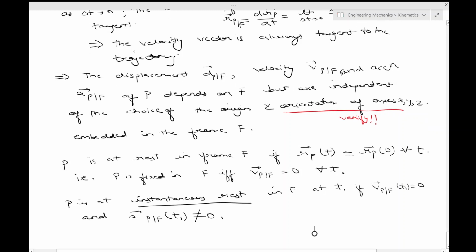So that's the difference between being at rest and being at instantaneous rest.